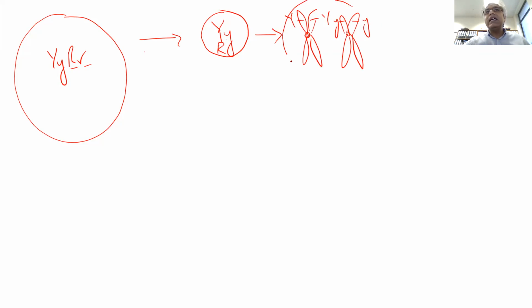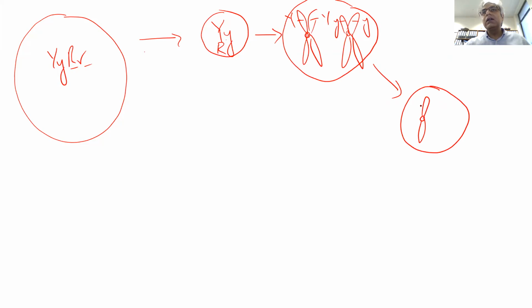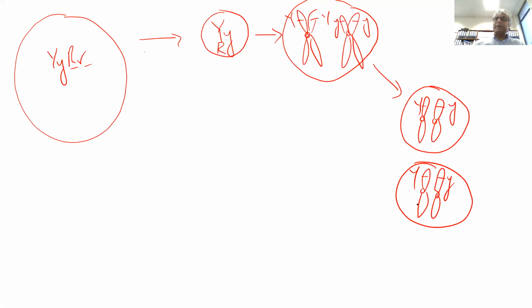Now, when this undergoes meiosis 2, the resultant gamete will have capital Y, small y. The other daughter gamete will have capital Y, small y.